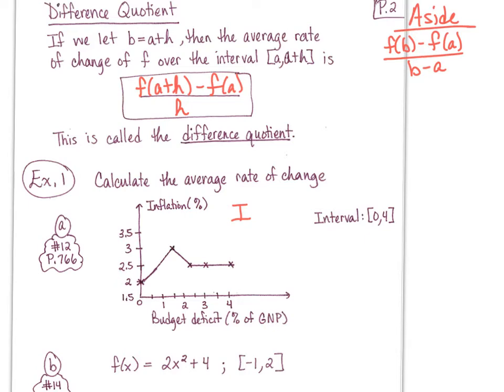Here we want to find the average rate of change of this function over this interval. Using our formula, that's equal to I of 4 minus I of 0 over 4 minus 0. What is I of 4 equal to?